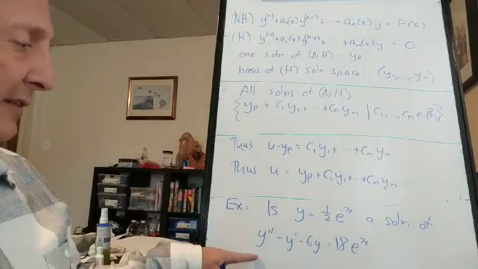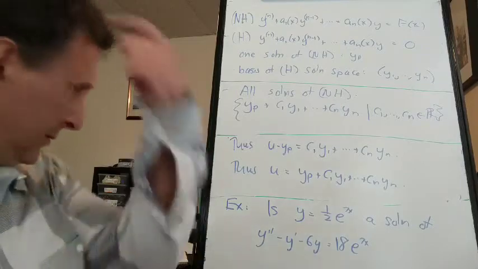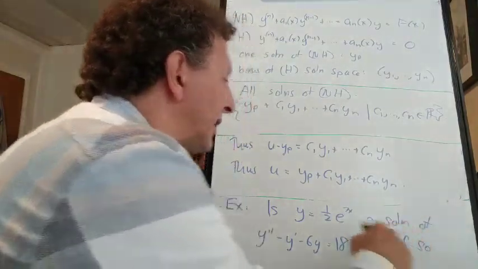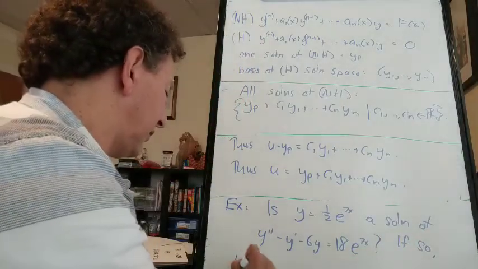So this is the left-hand side of the homogeneous differential equation we looked at before, and I just added a right-hand side. So let's ask, is that a solution? And if so, what are all solutions?